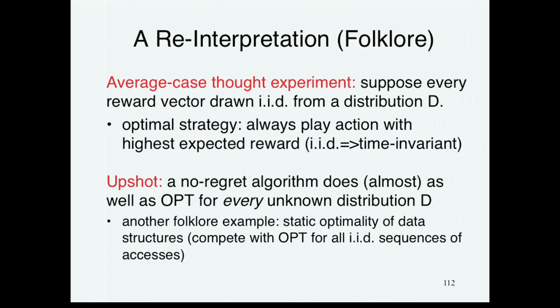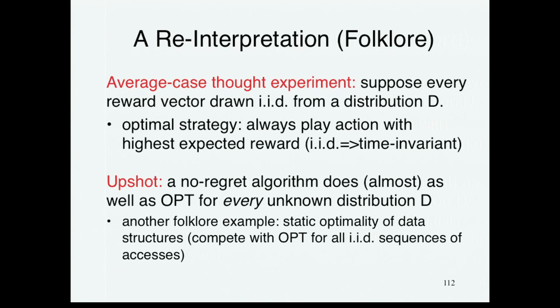So what would be an interpretation of doing the best fixed action in hindsight? Well, it's certainly an only stronger statement than saying you're competing with the actual optimum, the real best action sequence in hindsight for every unknown distribution D, under the assumption that the reward vectors are IID.